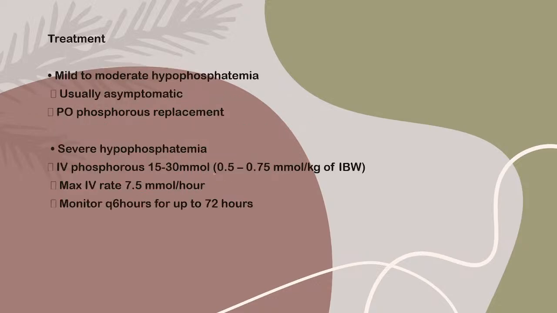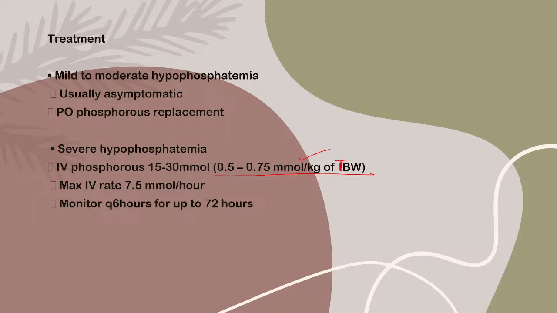All right. So the treatment: mild to moderate hypophosphatemia is usually asymptomatic, and peroral phosphorus replacement is used. But if it is severe, we need to treat it with intravenous phosphorus, that is 15 to 30 millimoles, usually 0.5 to 0.75 millimole per kg of total body weight.